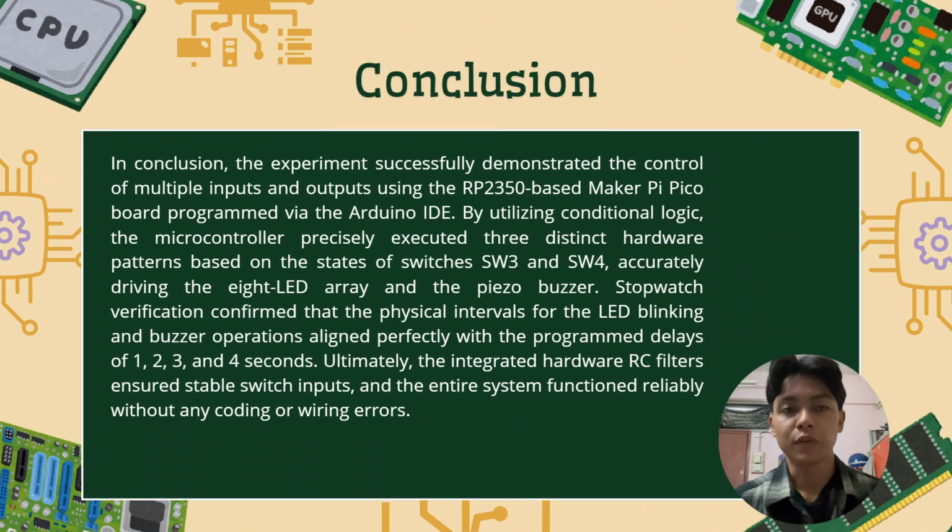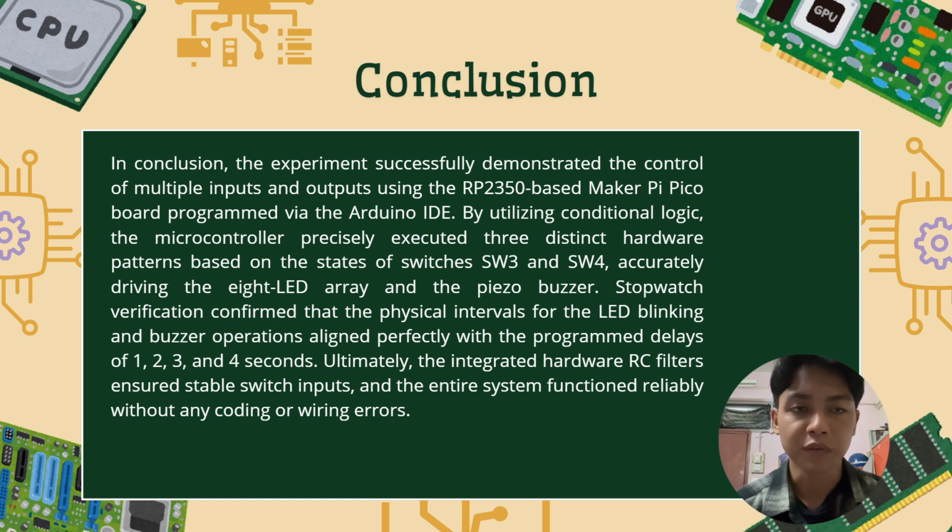In conclusion, this experiment successfully demonstrated multiple inputs and outputs for the RP2350 based Maker PIP board. The board is programmed via the Arduino IDE. By utilizing conditional logic, the microcontroller precisely executed these 3 distinct hardware patterns based on the states of switches SW3 and SW4, accurately driving the 8 LED array and the piezo buzzer.